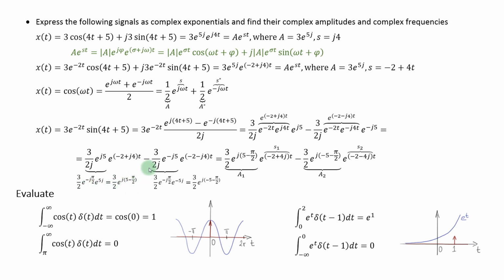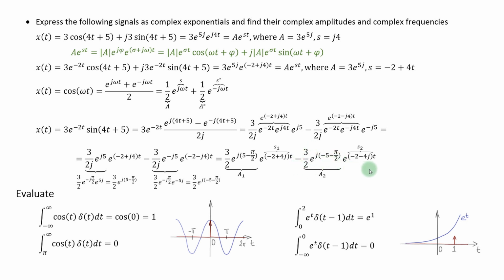The same thing I can do here. This complex amplitude I can express in this form. And when I use this form and this form, I can write this expression like this. And here I can identify those complex frequencies and complex amplitudes now very nicely in the form where I have separated the magnitude and the phase.